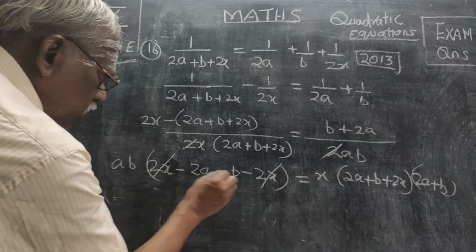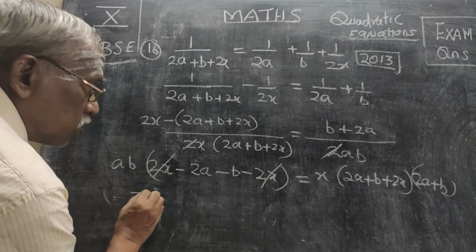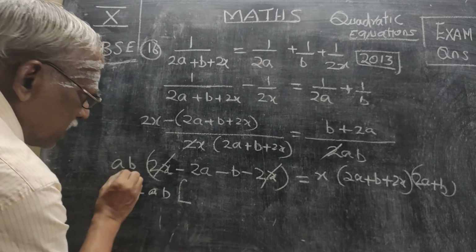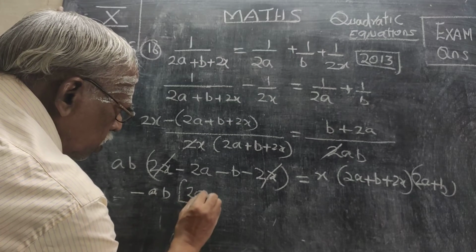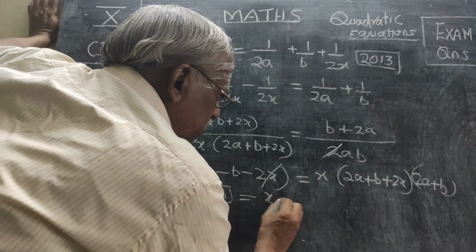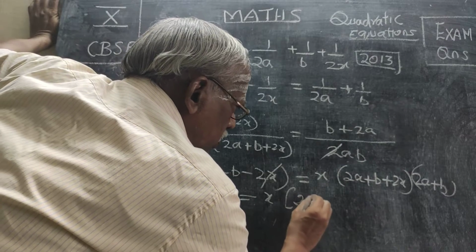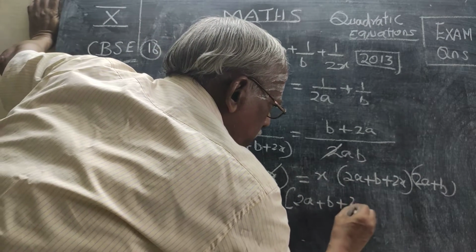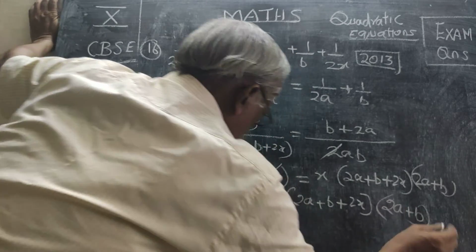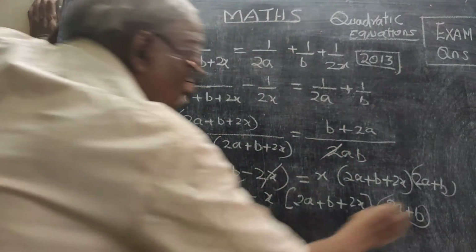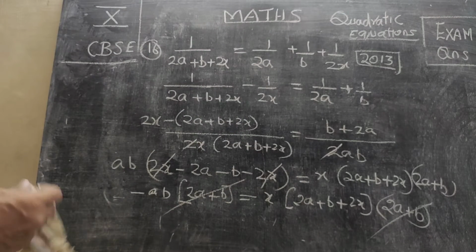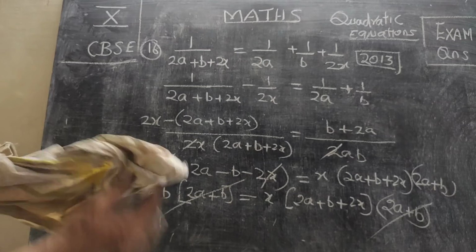Now out of these two, if I take minus common, what I will be getting is ab, minus I have taken, therefore this becomes (2a + b), that is equal to x into (2a + b + 2x) into (2a + b). So dividing both sides by (2a + b), this goes. Now we go for simplification.